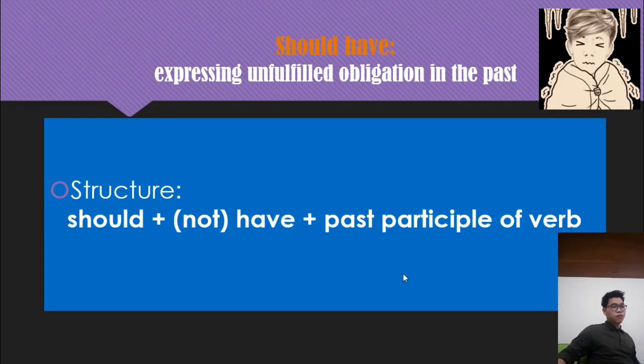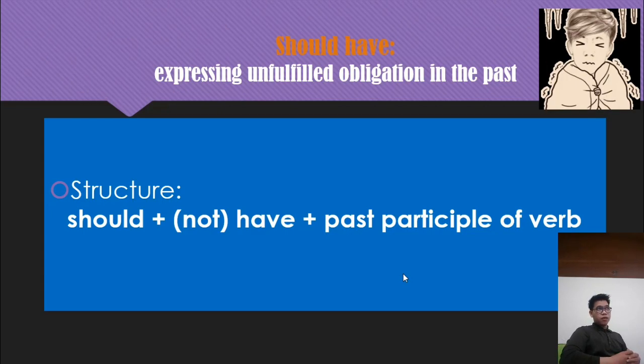Should have is an expression of unfulfilled obligation in the past. The structure is should plus not plus have plus the past participle of the verb. Past participle here means verb 3.